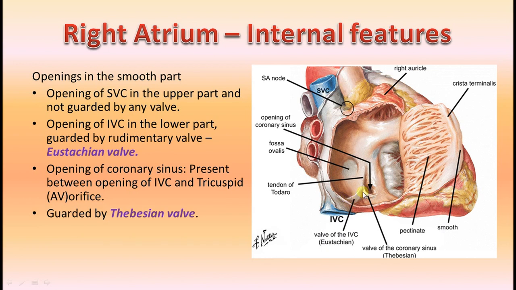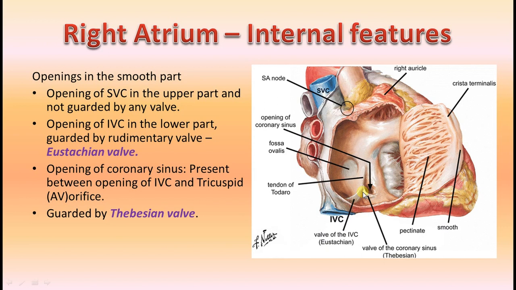It is developed from the lower part of the right venous valve. Just keep the right venous valve in the back of your mind. I will discuss this after a few slides. What is this right venous valve?